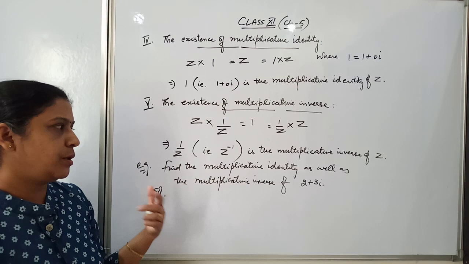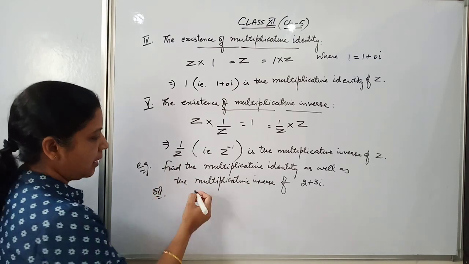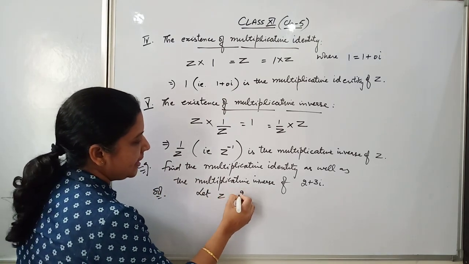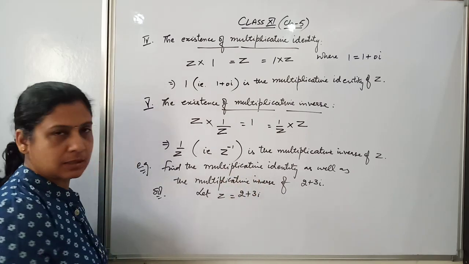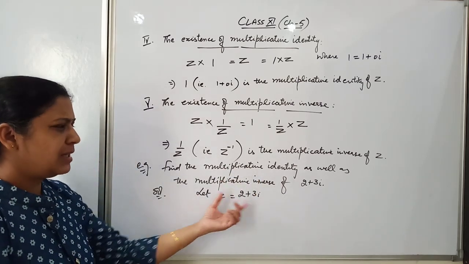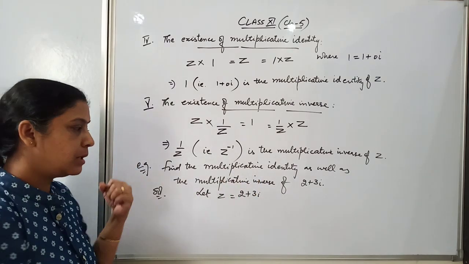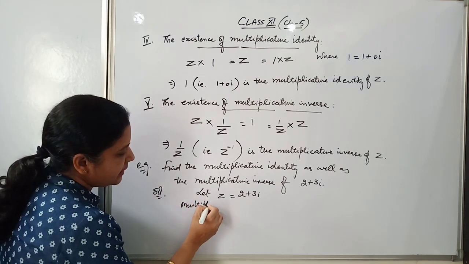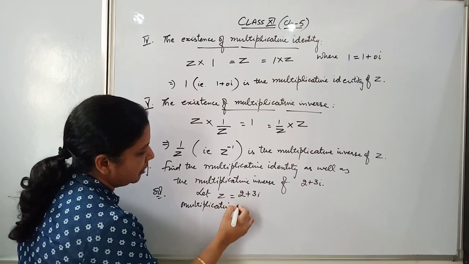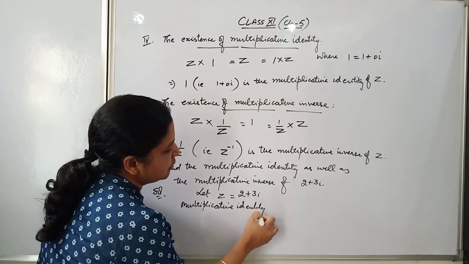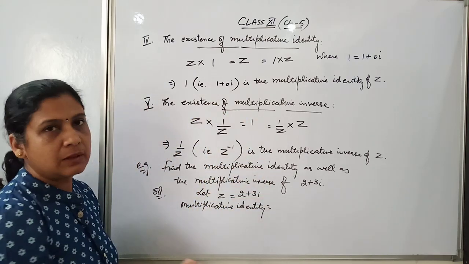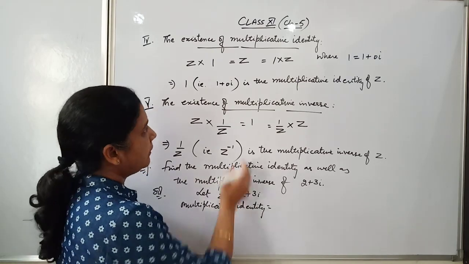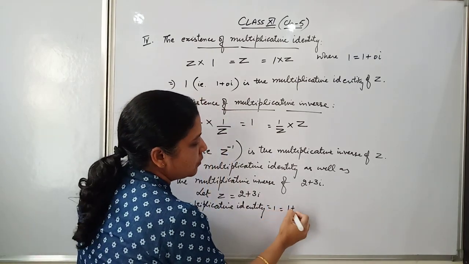Supposingly you get this question in 2 marks, so how you will be going for? First of all, label the complex number. That is a very crucial step so that you can easily denote it with the number Z. Now, multiplicative identity is equal to, if you have done this topic well, you very easily know that multiplicative identity is 1. That is 1 plus 0 iota.